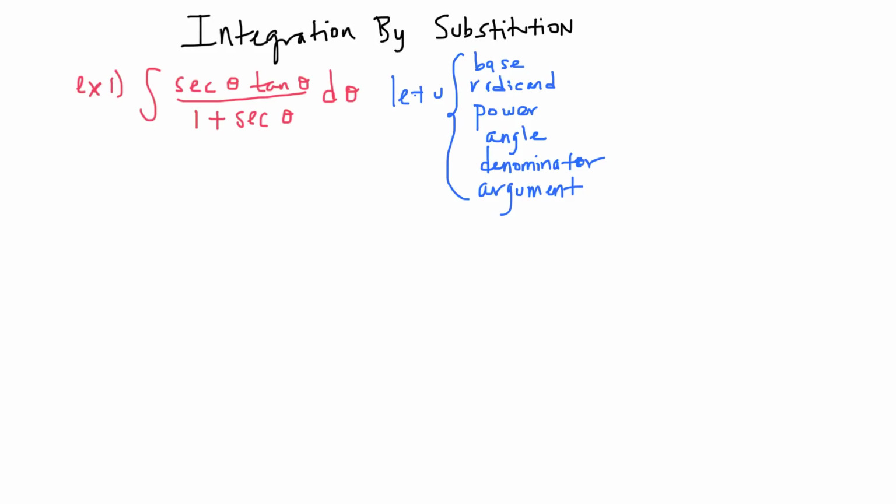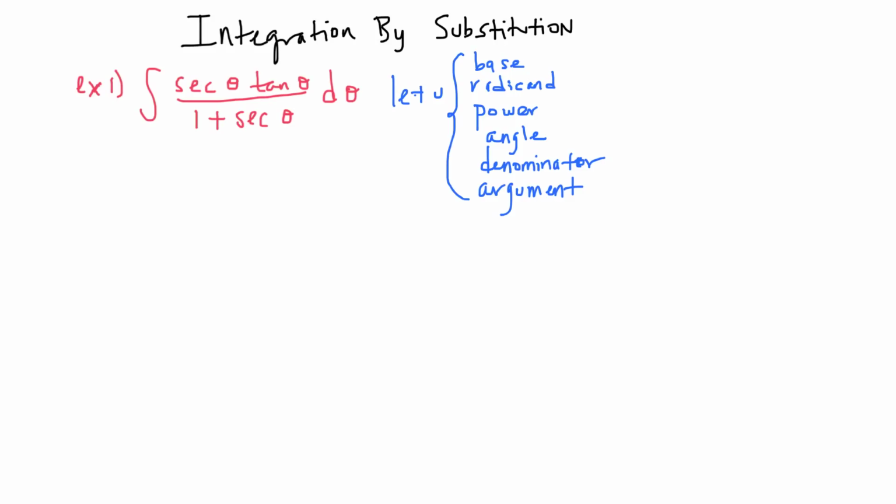Do you see e raised to a power? No. Angles? Yeah, we have angles, but all the angles are theta: secant of theta, tangent of theta, and again secant of theta. And we're never going to let u just be equal to theta, or let u just be equal to x. So not an angle. Denominator, well, I have a denominator, 1 plus secant theta.